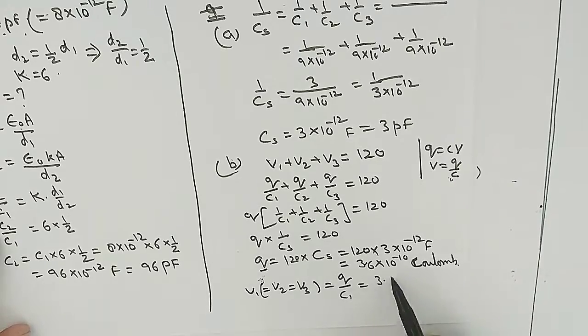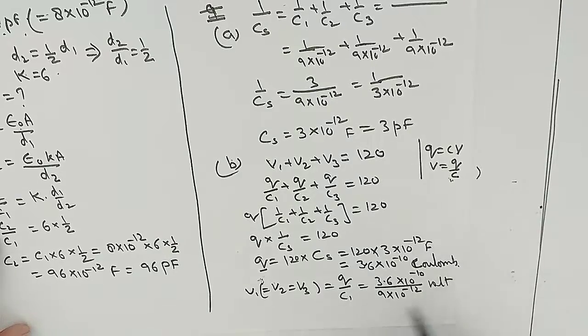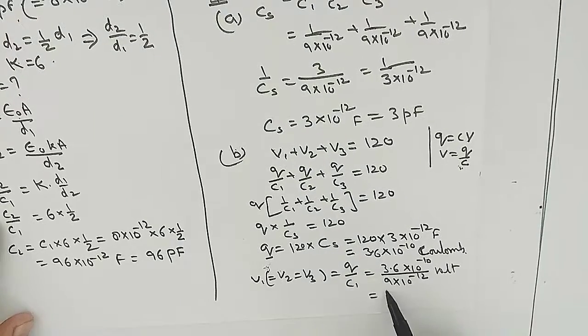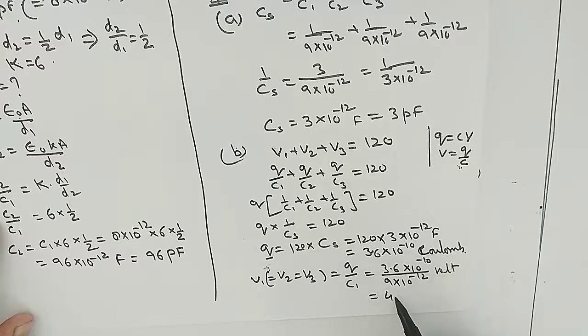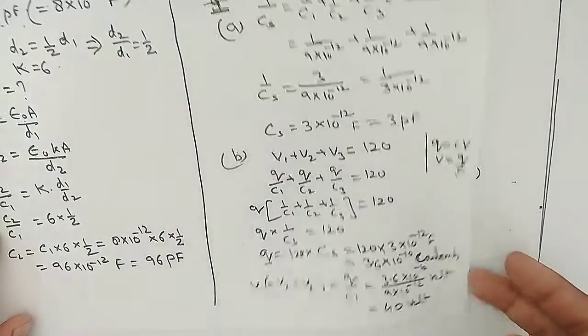Q is equal to 3.6 into 10 to power minus 10, just found, and the value of C is given as 9 into 10 to power minus 12. So the answer is 40 volt, the answer of the second part of question number 6.